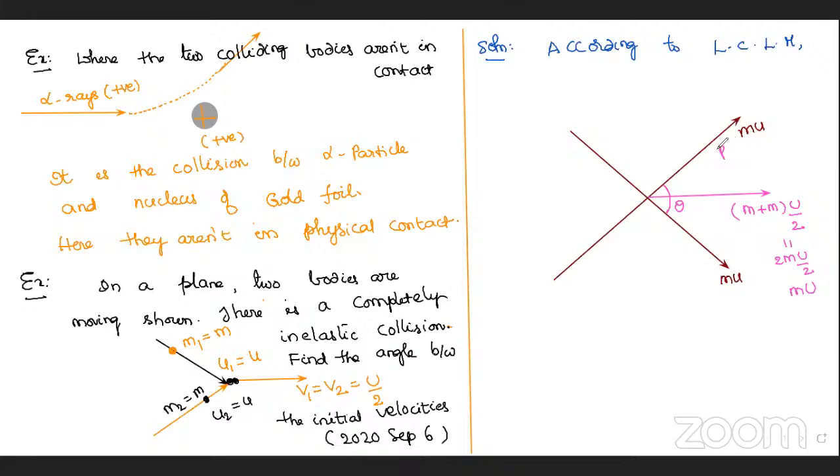This is P1 bar, Nana. You can explain, Mr. Manibabu. This is P1 bar and this is P2 bar before the collision. So total linear momentum before the collision is equals to P1 bar plus P2 bar. After the collision, it moves like this in this direction, which is m plus m. Yeah, you can explain, that's what I asked you.